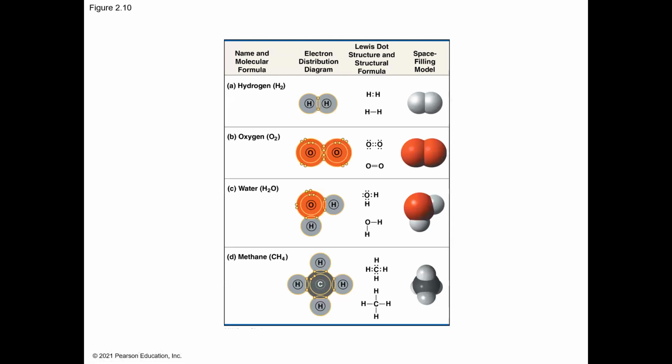And so here's a chart showing you several different examples of covalent bonding between different atoms, and you can have your single bonds all the way up to something as complex, for example, as methane, which has four single bonds. So four single bonds with hydrogen and carbon.